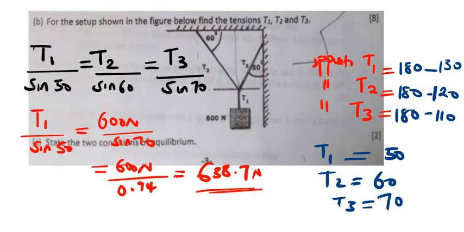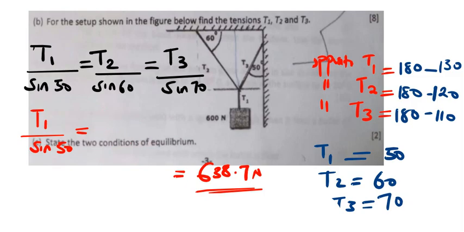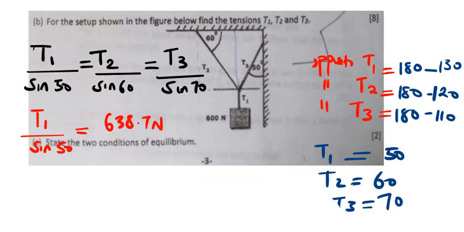So basically this is what I have. I'm going to replace it here, so we're saying this is 638.7 newtons. Now for me to find T1, T1 will equal sine 50 multiplied by 638.7 newtons. What is sine 50?